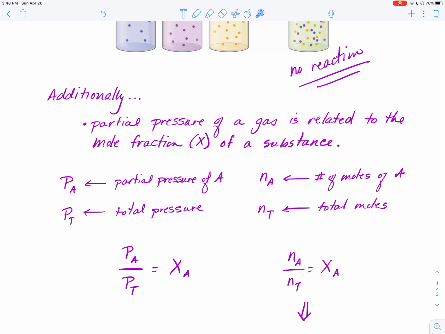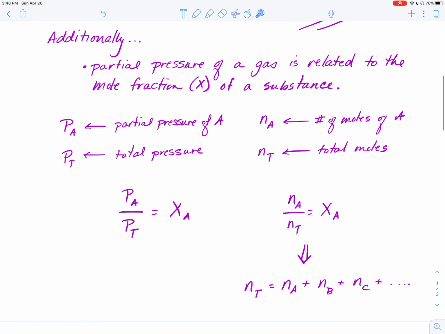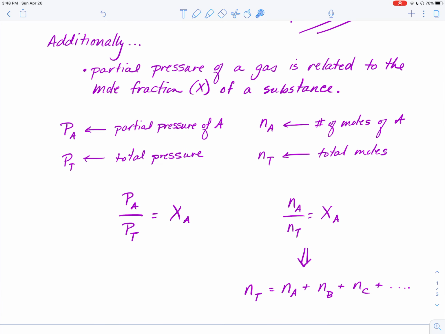In a roundabout way, this also suggests that the total moles of a mixture of gases can be calculated as the sum of all of the individual moles of each gas within the mixture.